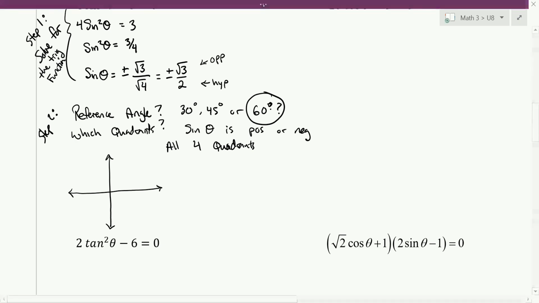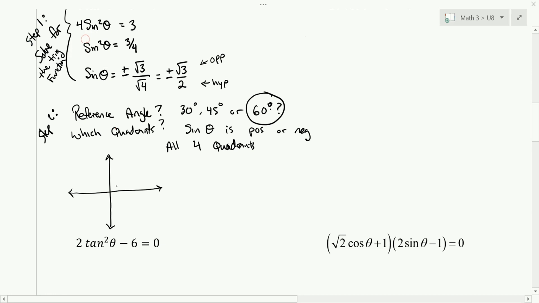So from my x-axis, in quadrant 1, I'm going to move up 60 degrees. There's 1. In quadrant 2, from the x-axis, I'm going to move up 60 degrees. There's 2. From my x-axis, I'm going to move down 60 degrees. That's the 3rd. And same in quadrant 4, move down 60 degrees.